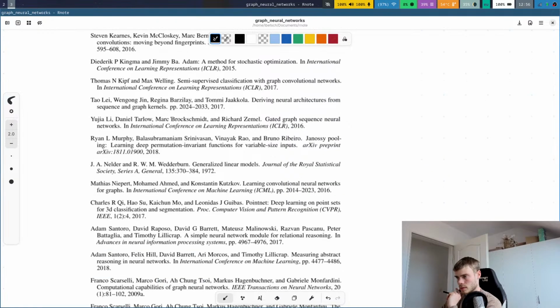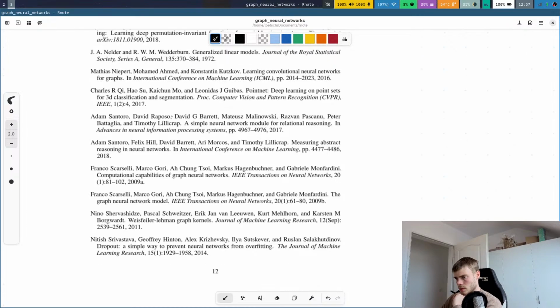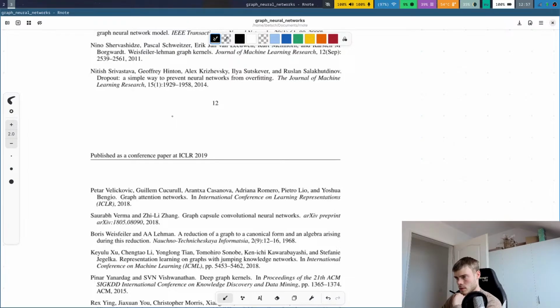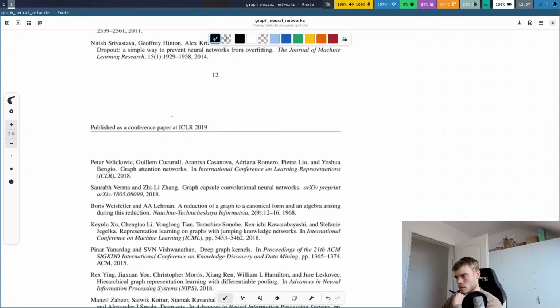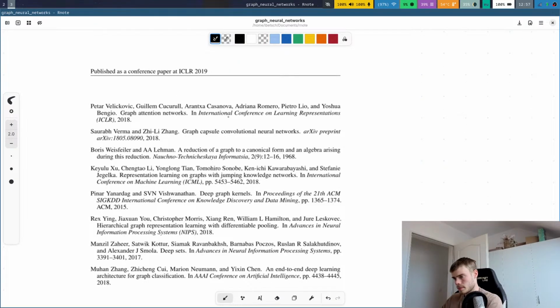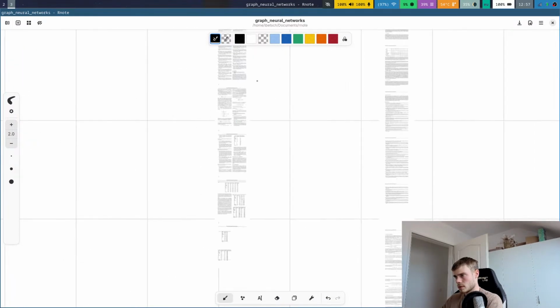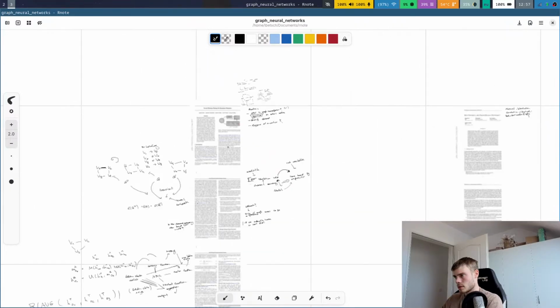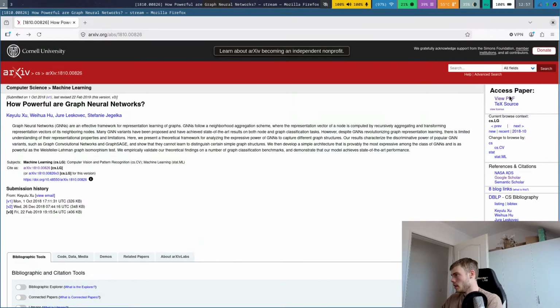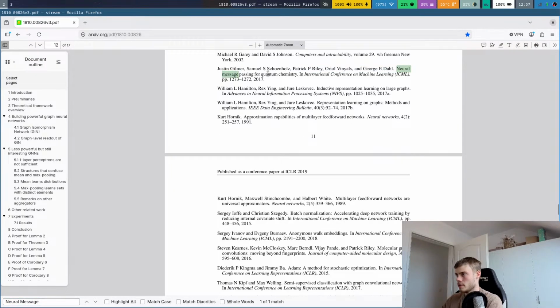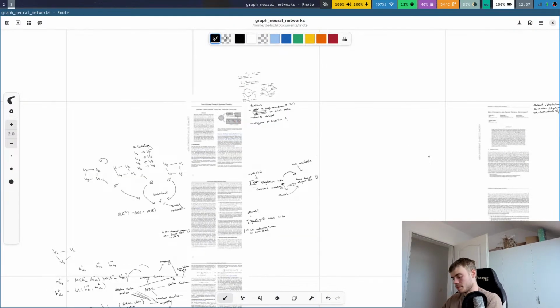I also don't remember the first author. The first author was, where was it? Oh wait, I have it open, right? I have it open here. Neural message. Yeah, they have it. They have it here, of course. That's good. So it builds on this.